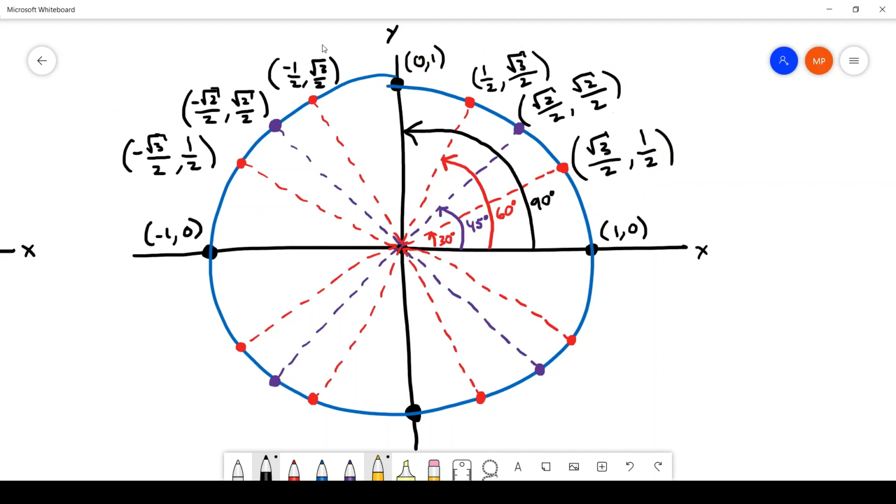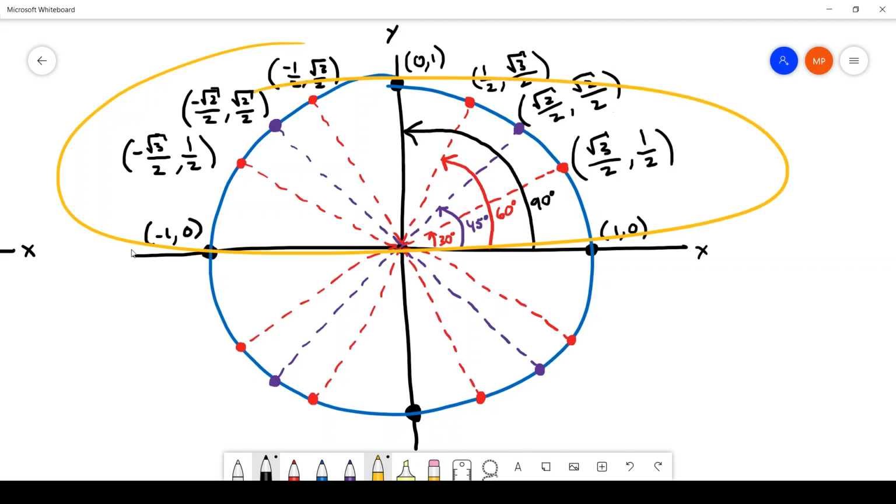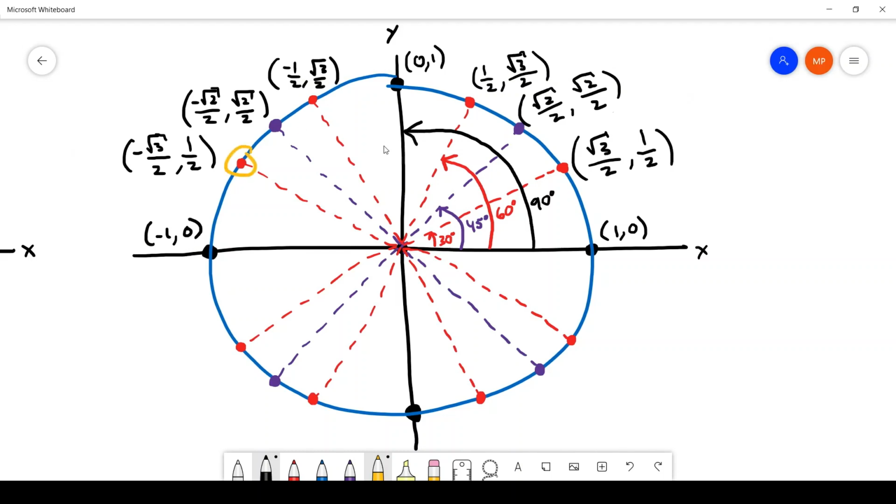And so now all we need to do is grab that upper half and reflect it across the x-axis here. So of course, this horizontal line is our x-axis. And so it's going to be the same exact procedure, except now we're going from this value in the upper half of the circle, reflecting across to go to a value in the lower half of the circle.